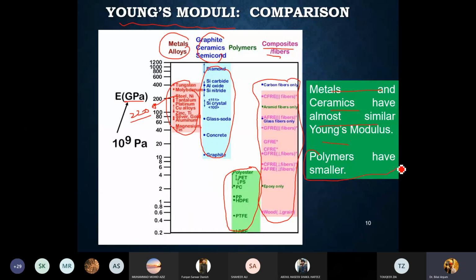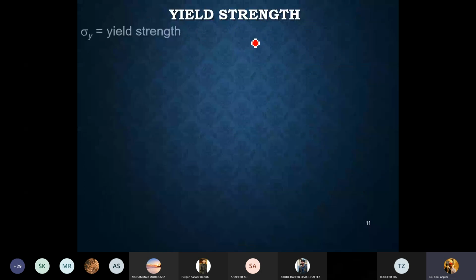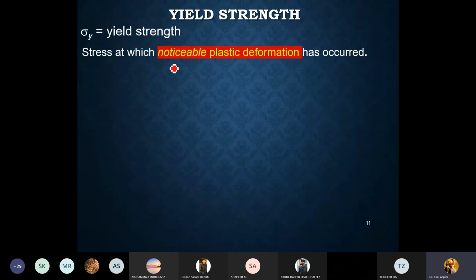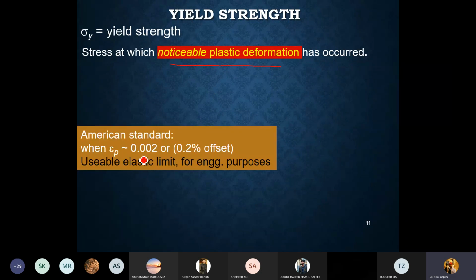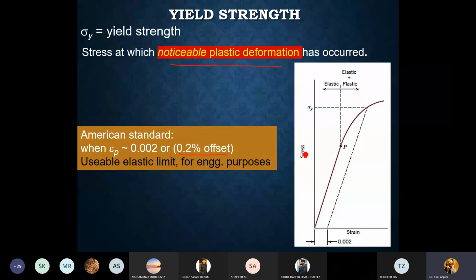Yield strength, as I'd already defined, is the stress at which noticeable plastic deformation has taken place. The American standard is that you use a 0.2% offset. How do you do that? You take 0.2% of the maximum strain value, so this value over here is essentially 0.002 of the maximum strain.